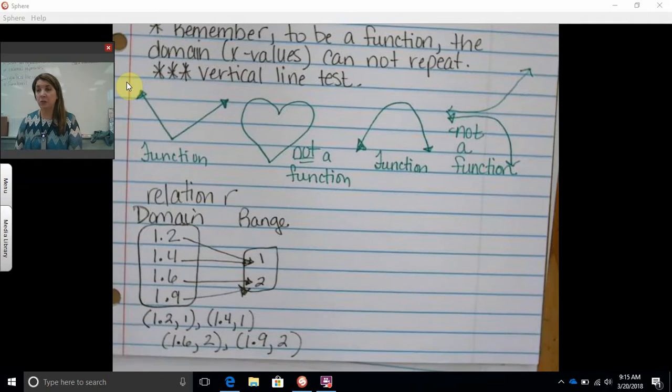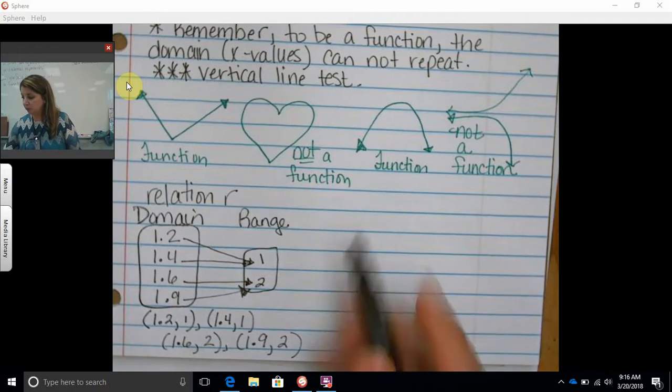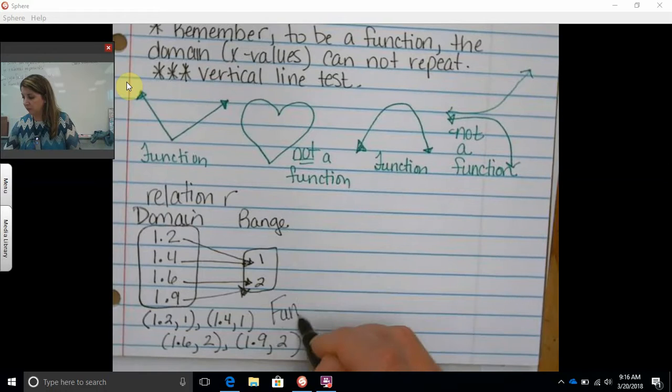If I were to graph this, would it be a function? Yes. It has repeating ranges, not domains. If you have two ordered pairs that have the same y value, they're going to be on the same horizontal line. That doesn't make it not a function. If they're on the same vertical line, that makes it not a function. So since none of your domains repeated, this would be called a function.